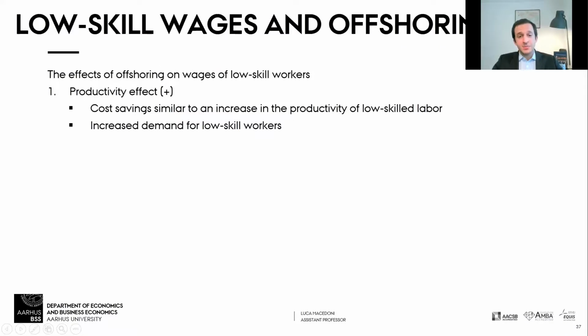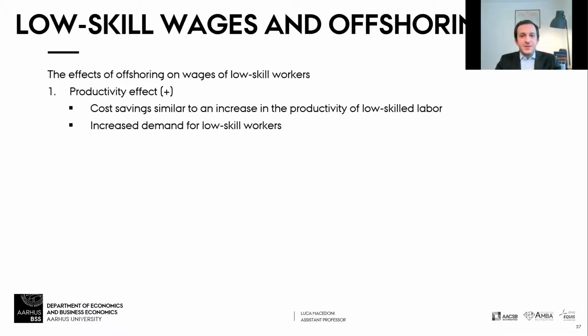To summarize what we just derived, there is a productivity effect when you offshore more, and basically offshoring is a labor saving technology, which generates cost savings that are given to the low-skilled workers. So this is equivalent to a productivity improvement of the low-skilled workers.